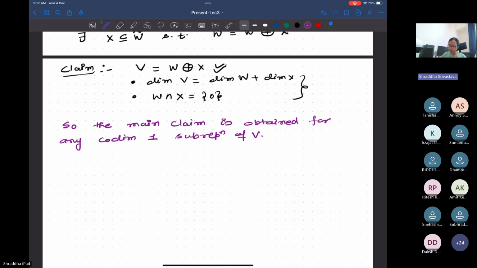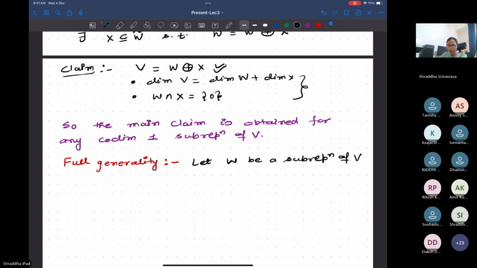So now let us move on to where we do not necessarily have codimension 1. In this case, let W be a subrepresentation of V, not necessarily codimension 1.